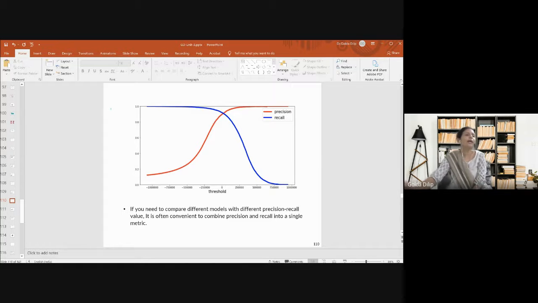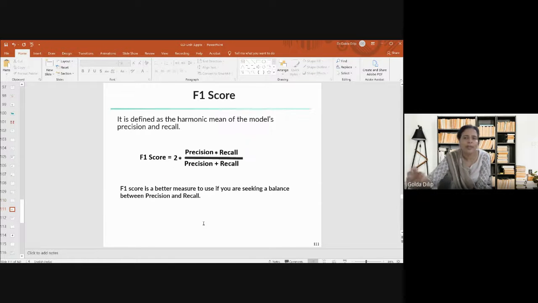If you want to compare different models with different precision and recall values, it's good to have a metric which combines the goodness of both. It's often convenient to combine precision and recall into one single metric. We have one such measure, called the F1 score.